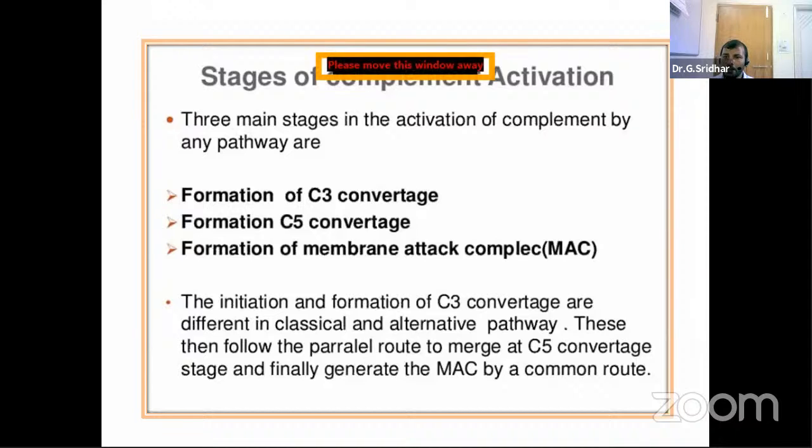Once this complex forms, this C3 convertase can split the C3 protein and form C3A and C3B. This C3B will go and bind to C2A and C4B, forming the C5 convertase. Finally, it will form the membrane attack complex, MAC. The initiation and formation of C3 convertase are different in the classical and alternative pathways. These are then followed by a parallel route.